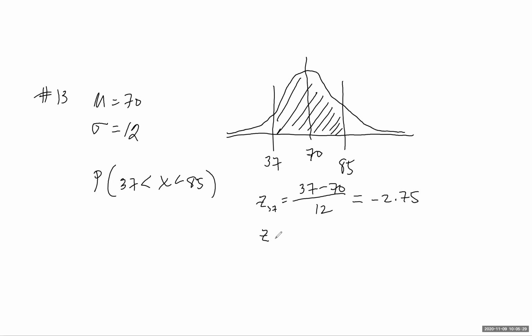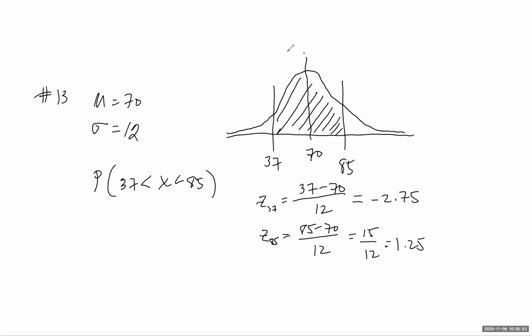Now let's find the z for 85. 85 minus 70 over 12. 15 over 12, 1.25. Now I need to look up the area in my table for each one of these.